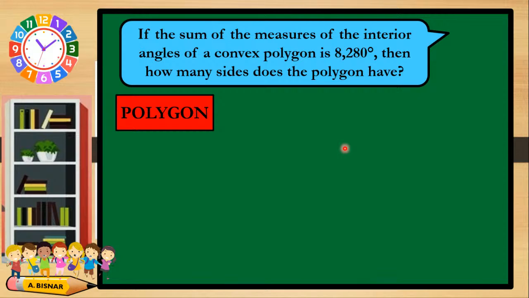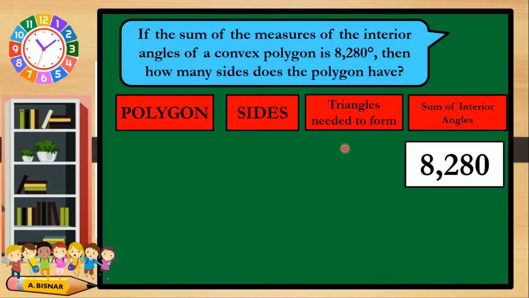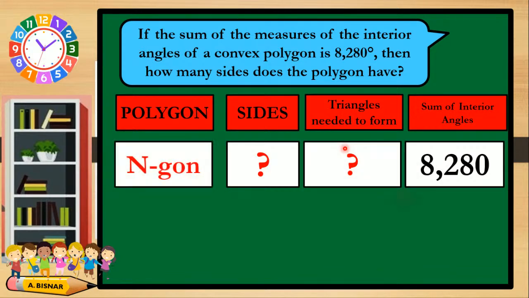Let's try this. If the sum is 8,280. Ay! Sige, write your answer. 8,280. Like this. Yung katulad kanina, 22 gon, 22 sides, 20, and then 3,600. Ganito yung kanina. Paano yung ngayon?